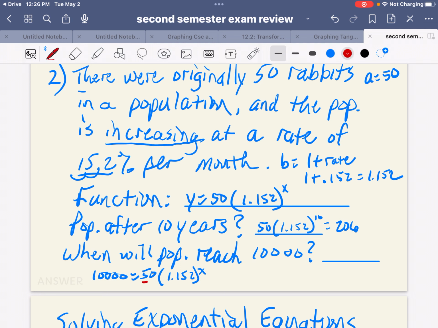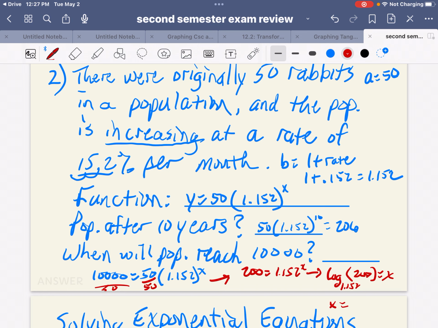So you divide both sides by 50, and let's see, 10,000 divided by 50, I should know this, is 200. So now what we have is 200 equals 1.152 to the x power. So then doesn't that change to log base 1.152 of 200 equals x?